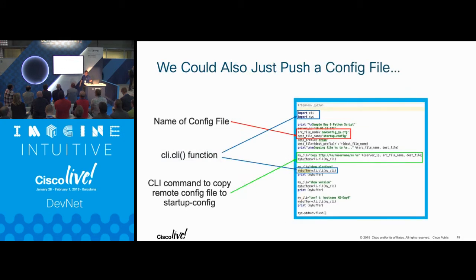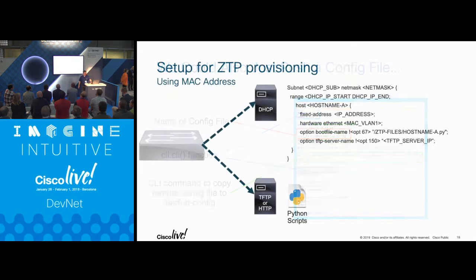Didn't build that quite correctly here. And in here, I'm actually going to just do a copy as a CLI command and copy the files that I've identified here into the running configuration. All right. So these files would be present on that TFTP server as Python files.